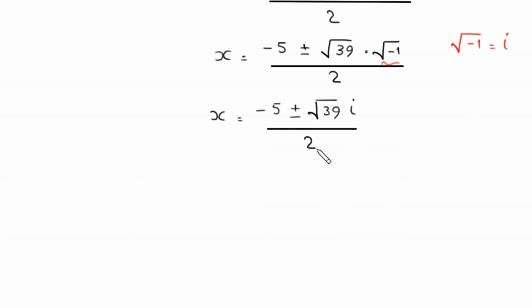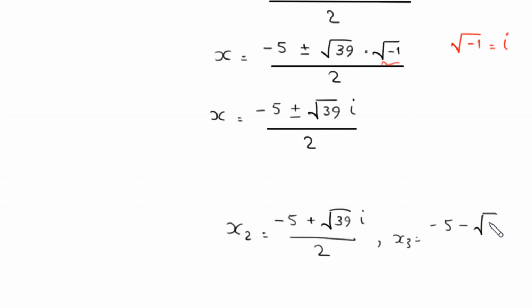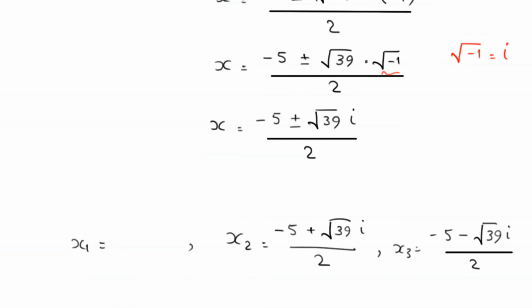So from here we get two values of x. x2 is equal to negative 5 plus root 39 i divided by 2, and x3 is equal to negative 5 minus root 39 i divided by 2.